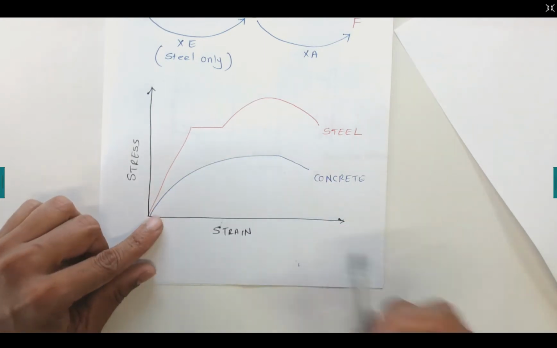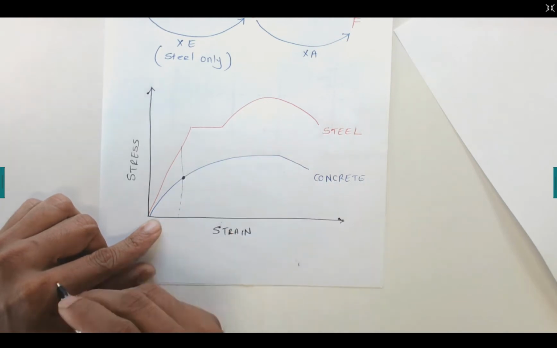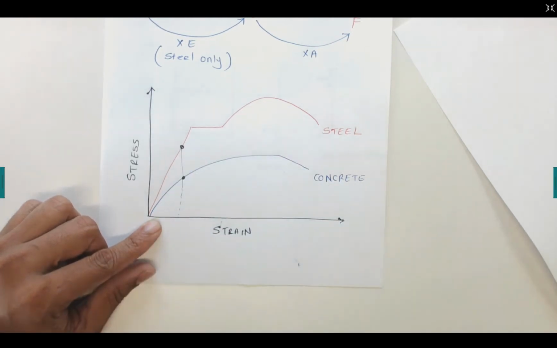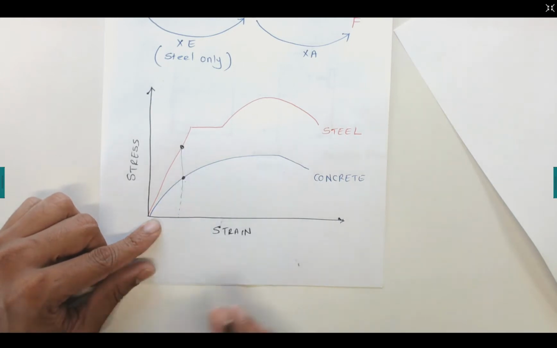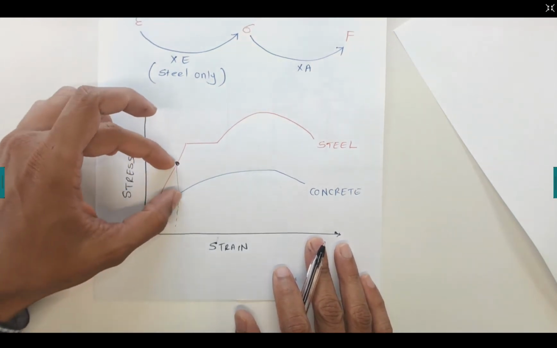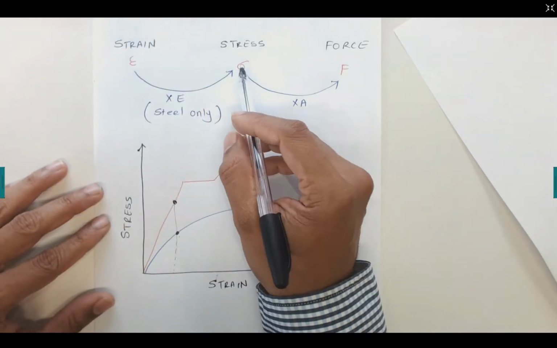So for example, if I take the strain value here, I should have a steel stress value here, and concrete stress value here, and steel stress value here. So we have different stress values. So based on the given strain value we can calculate the stress.